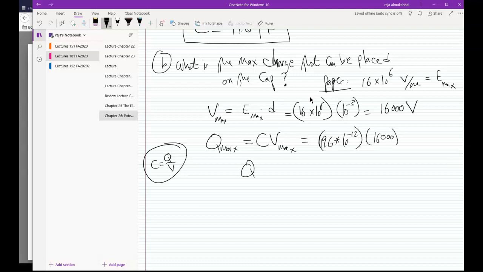When I calculate that, copying from my notes, the maximum charge is 0.31 microcoulomb. This is the maximum charge that I could place on that capacitor. You got it?